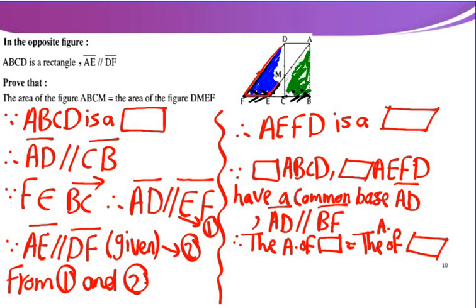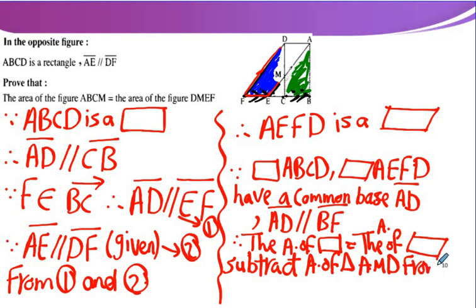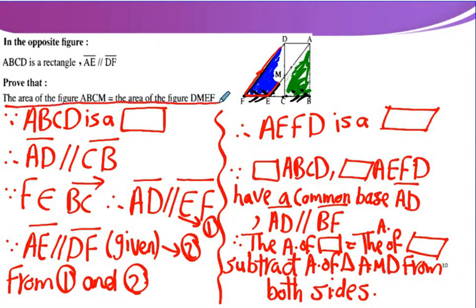Subtract the area of triangle AMD from both sides. Then the area of the figure ABCM equals the area of the figure DMEF, which is required.